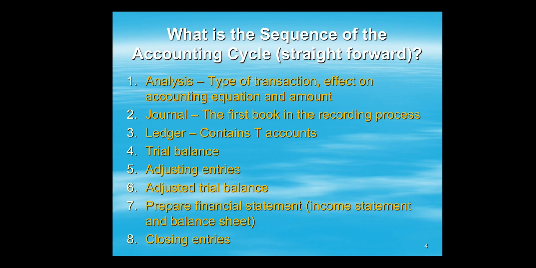By 31st of December 2021, you have to do up to step 8. When the year 2022 starts, you will have to do all the steps all over again. That's why it is called a cycle. So you do the same thing again and again.